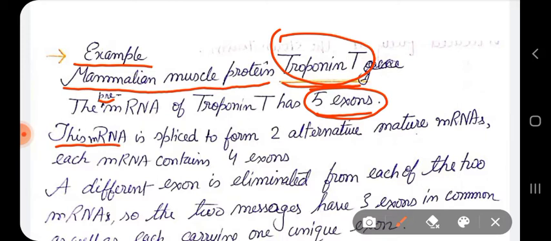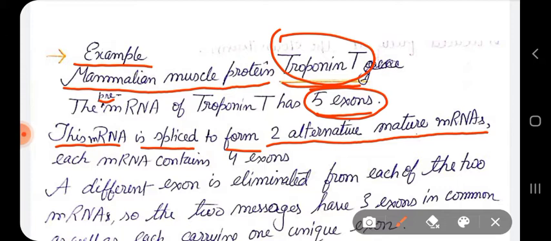And this mRNA that encodes the troponin T is spliced to form two alternative mature mRNAs. That means the mRNA encoding that troponin T muscle protein can be spliced in two ways.